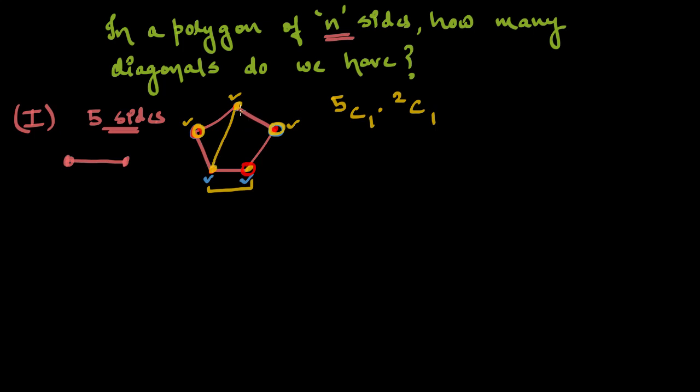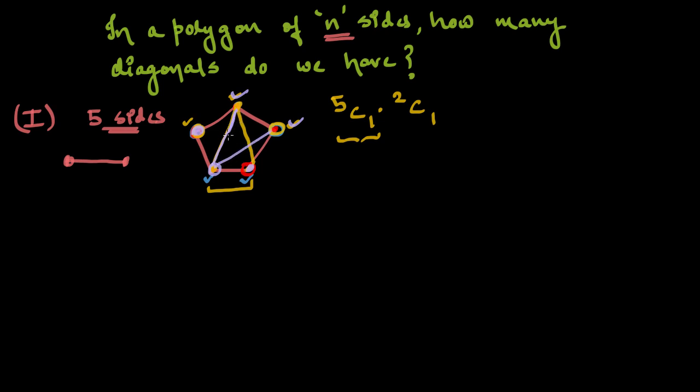But one more important thing to take care of is that similarly, this one point that I'm choosing as my starting point, this starting point can be this one. If this is my starting point, I cannot choose this or this. I can only choose this one or this one. So I'll get again this diagonal and this diagonal.